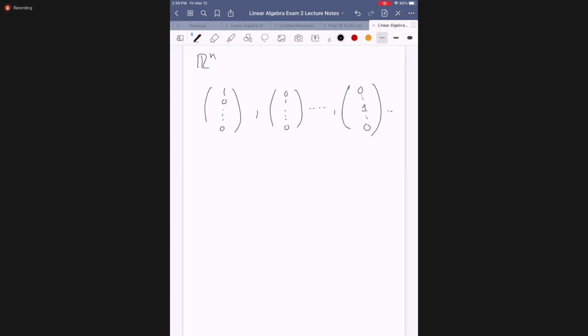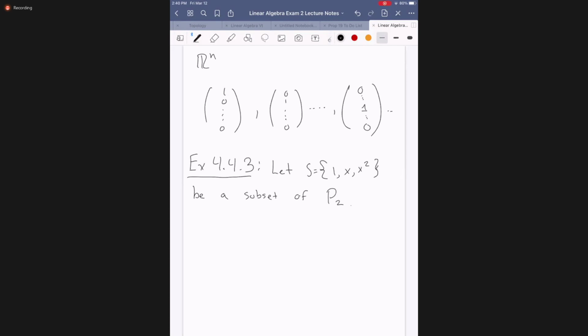So, example 4.4.3. Let S be equal to, let's say, {1, x, x squared}, be a subset of the space of polynomials of at most degree 2.